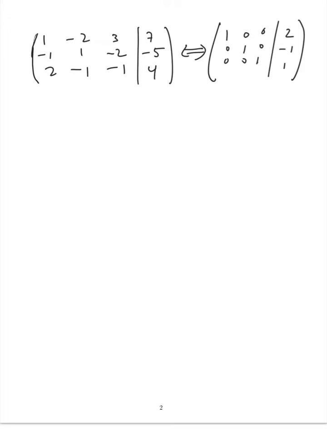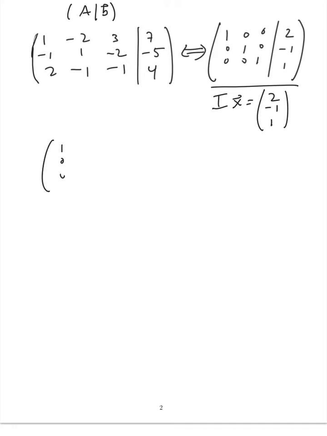So essentially what we have concluded is that this was our original matrix, A augmented with B, which is really equivalent to this guy here. And so this is equivalent to the identity times x is equal to the vector (2, -1, 1). If we multiply this out, the identity times x1, x2, x3, what do we get?